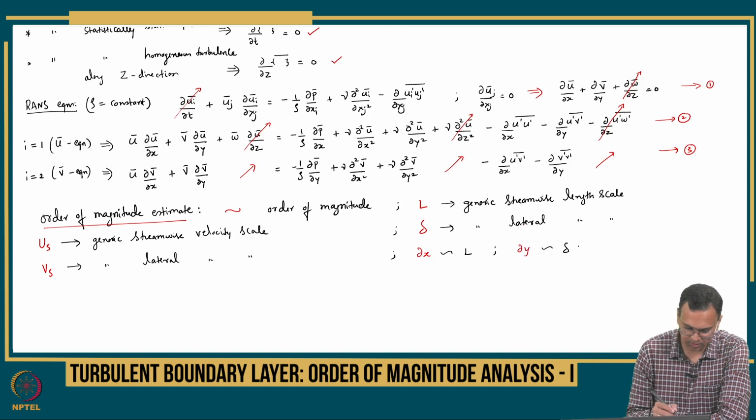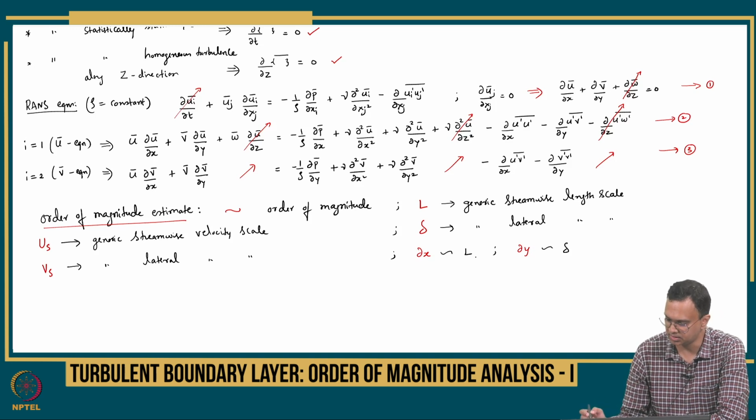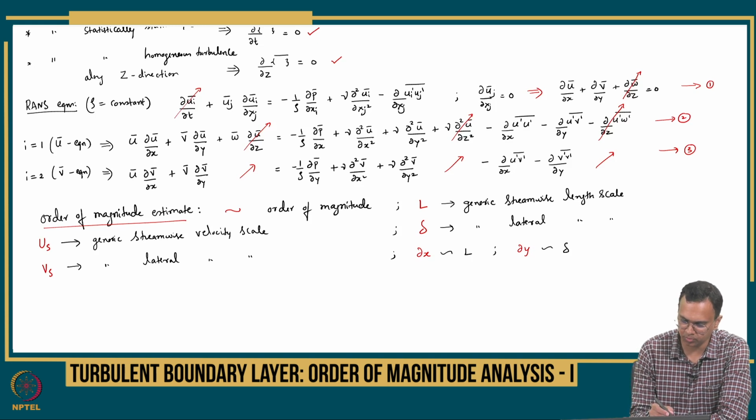And for the velocities, if I now look into the equation, I have dou by dou x, dou by dou y terms, so I am using two different length scales here. And I also have velocity u bar, v bar, and also changes in the velocity, dou u bar, dou v bar, and so on. So for u bar, it is Us as before.